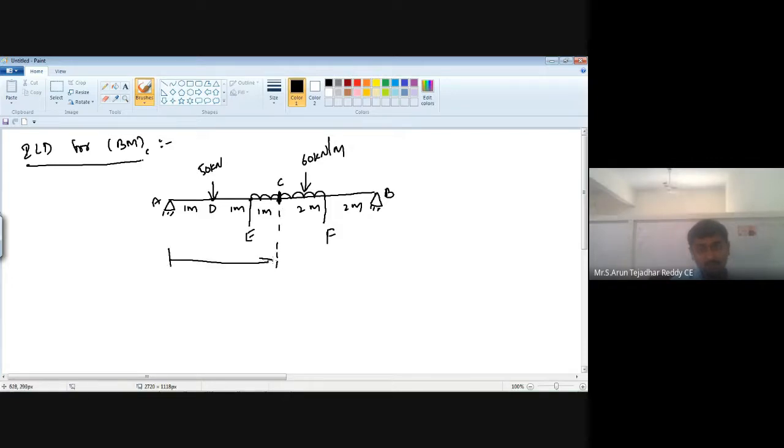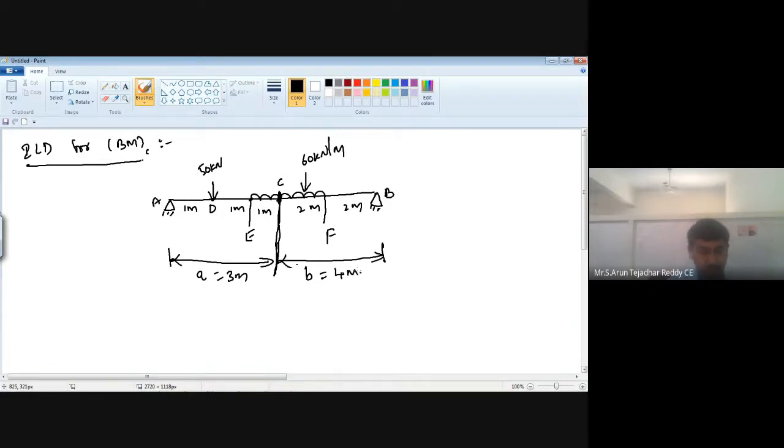So completely it is A, completely it is B. Here A is up to this point. Left portion is completely A distance. 1 meter, 1 meter, 1 meter is 3 meter. Here B is 4 meter.